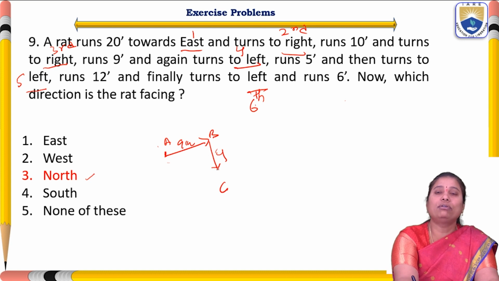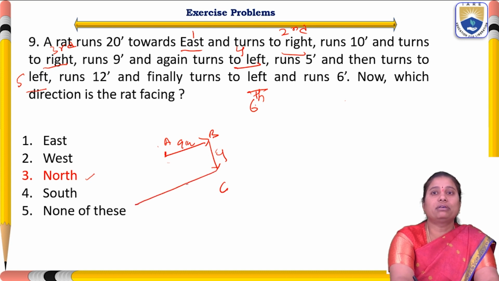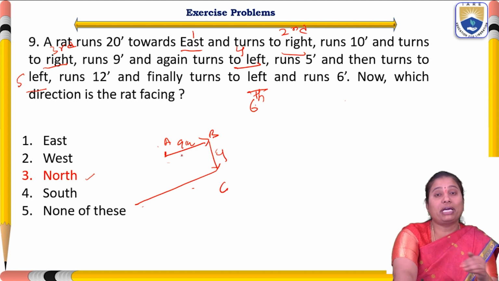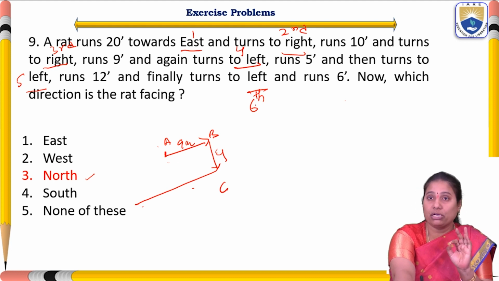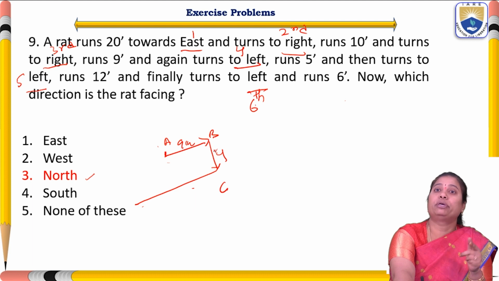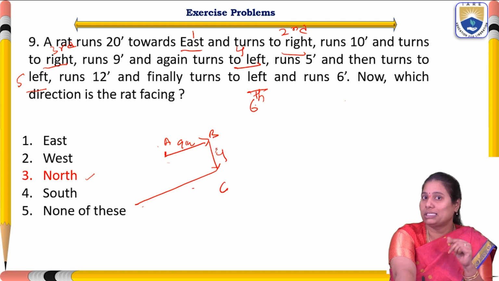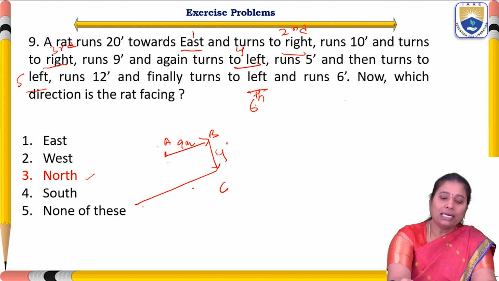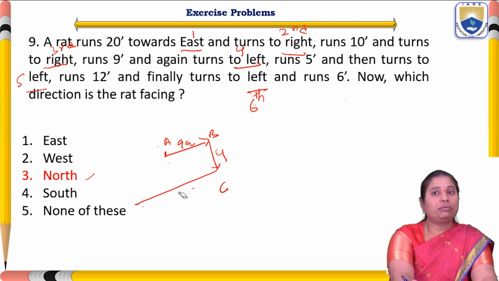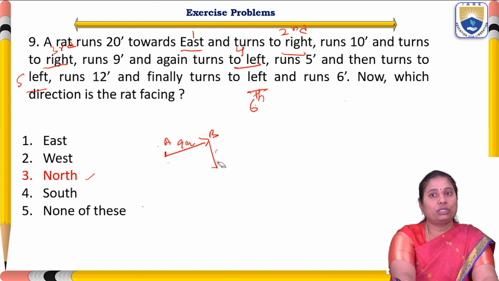Again from C, how many meters, whether below the 9 or above the 9, and what kind of directions it has moved, if we have to know, we have to take the measurements. If they have not given any measurements, then only can we proceed directly. But if they have mentioned the numbers, we have to use them. If they have not given the numbers, it means the data is inadequate, and we can straight away go for data inadequate.